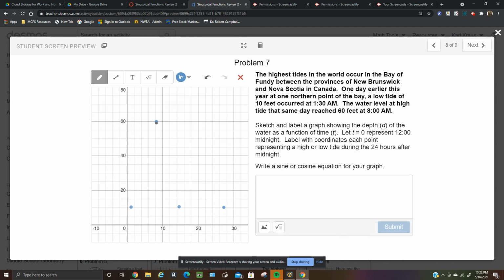So 8 and 13 would be 21. And so let's go ahead and draw in our max and min here.